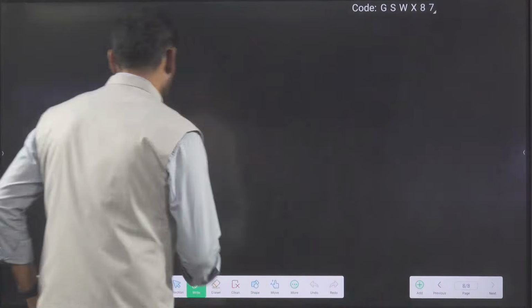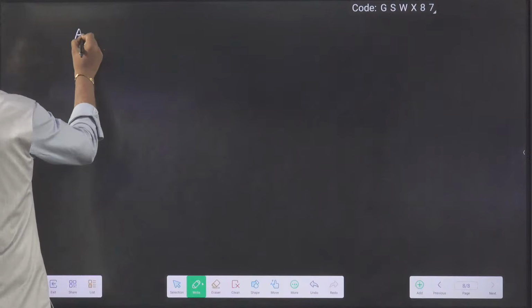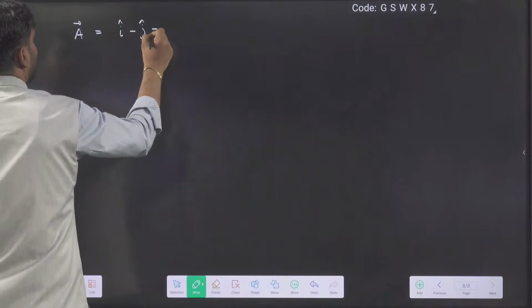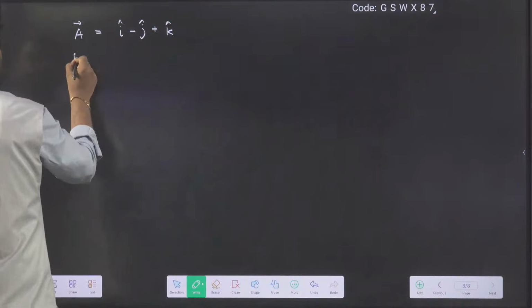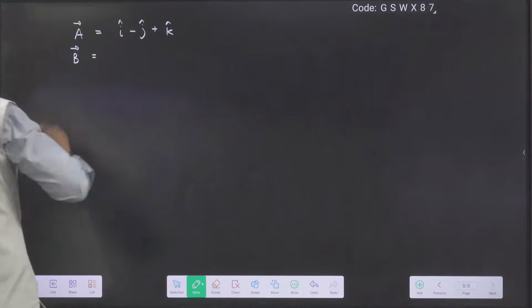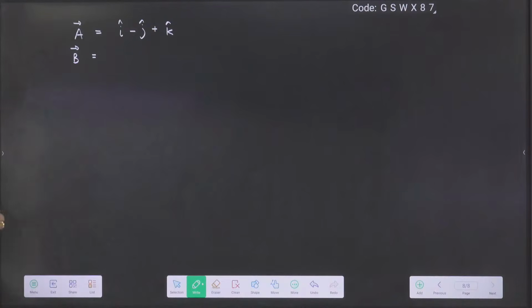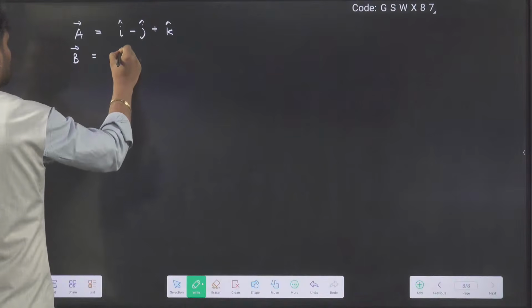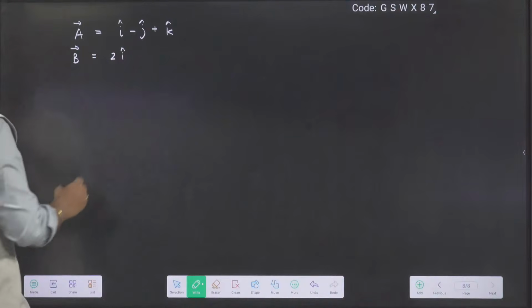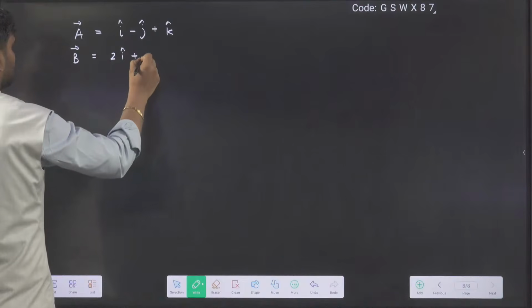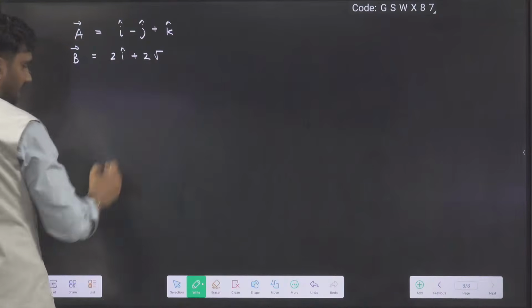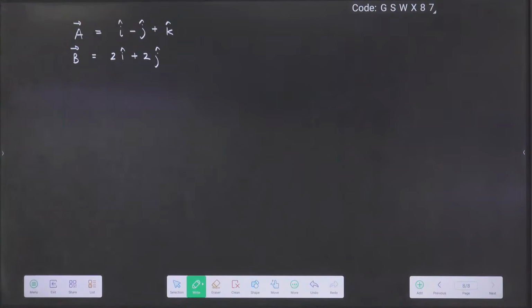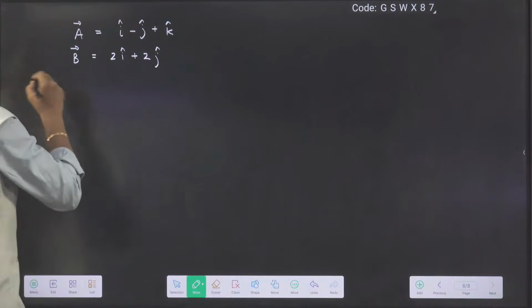Fine, done. Write: A vector is equal to I cap minus J cap plus K cap. B vector is equal to 2I cap plus 2J cap. ठीक है ना?